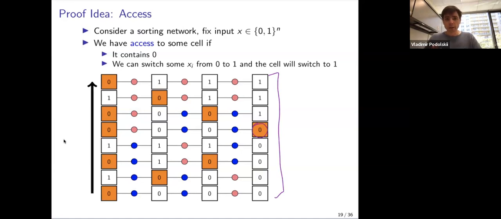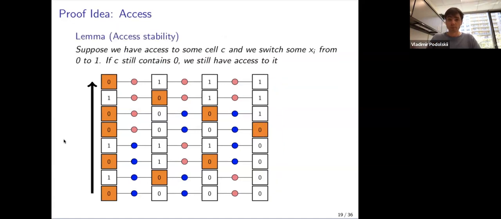Okay, there is an important property of access that we would like to use: access is stable. The idea is the following. If you have access to some cell, and you switch some input from 0 to 1 in such a way that this cell is still 0, then we still have access to it.